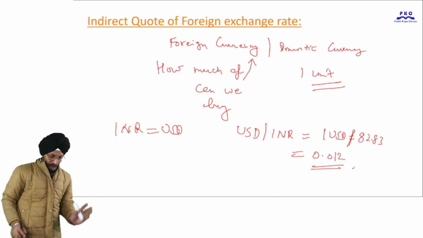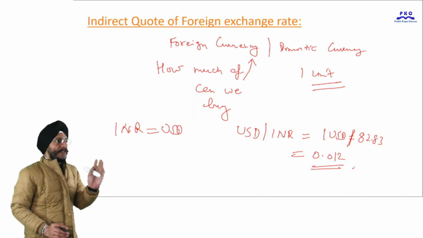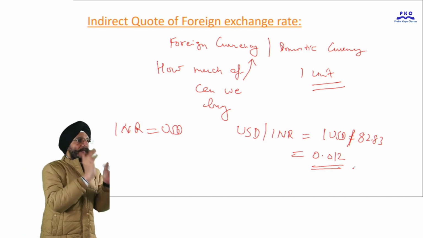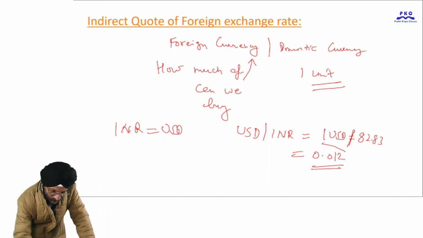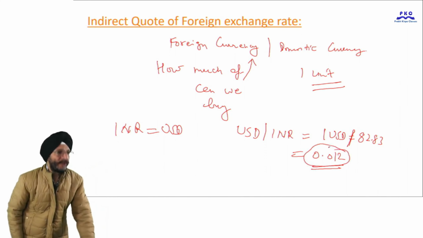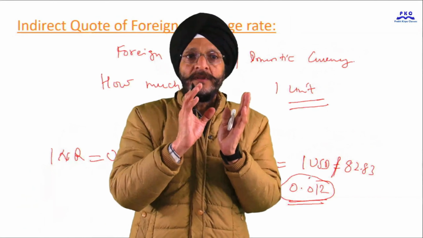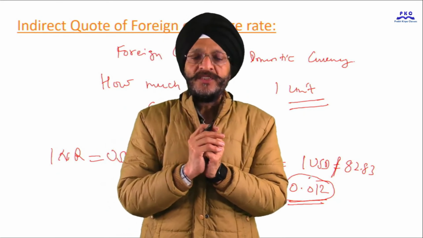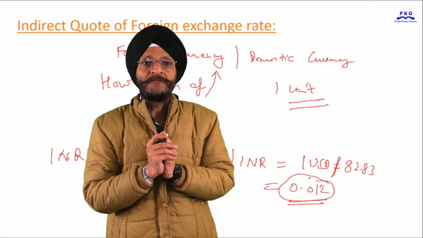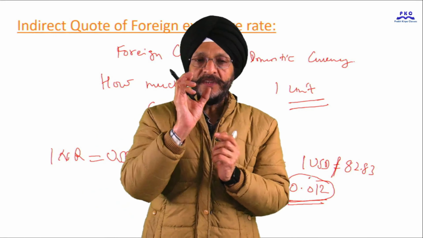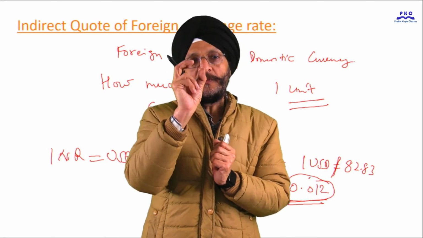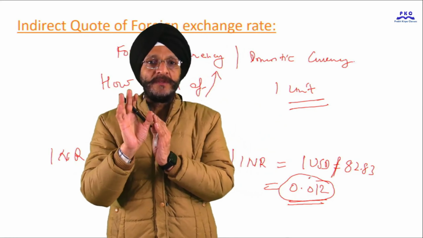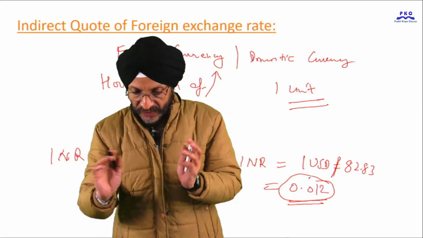So we can purchase 0.012 US dollars with 1 unit of Indian currency, or 1 Indian rupee. This is the indirect quote.